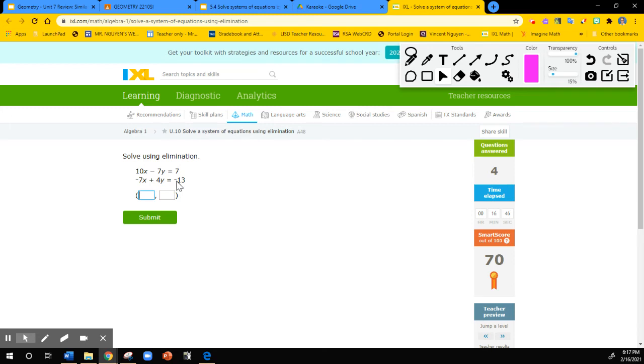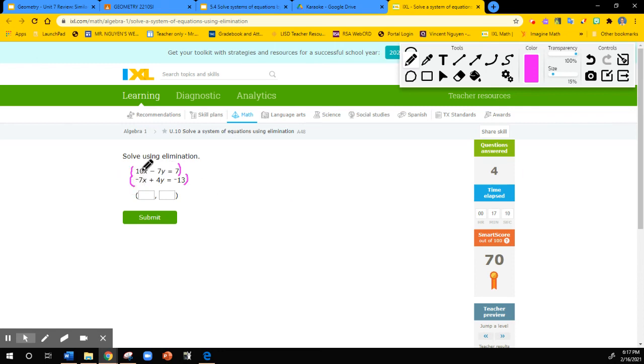That's going to make a mess. And of course, I can't multiply anything by 7 to get 4. So this is considered the hard case, where you actually have to multiply both equations by some numbers, so that you can turn either the x the same or the y the same.